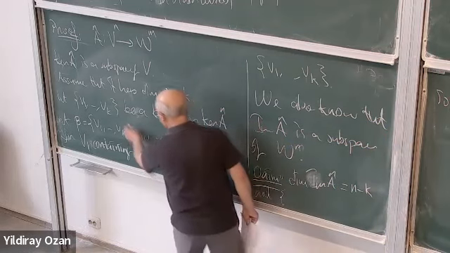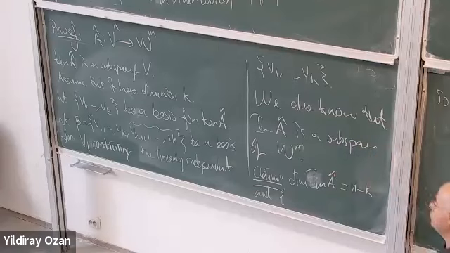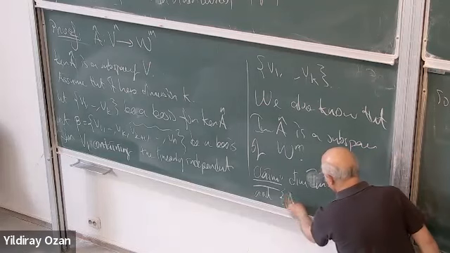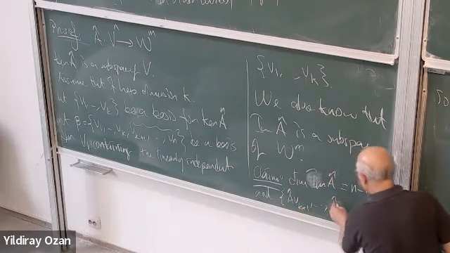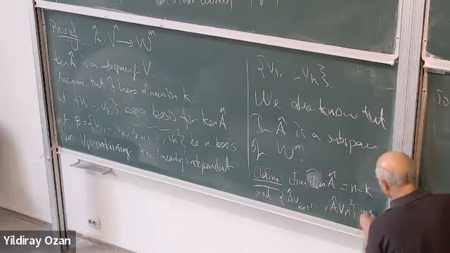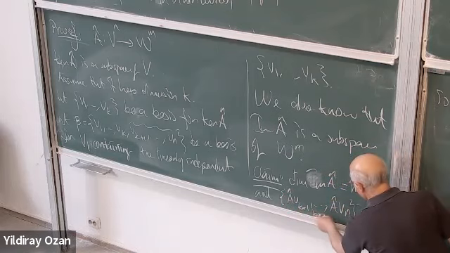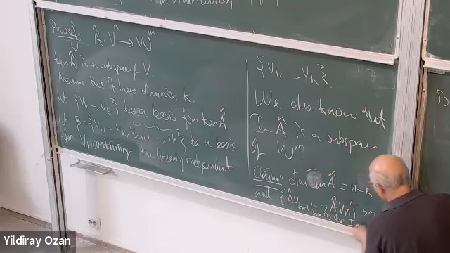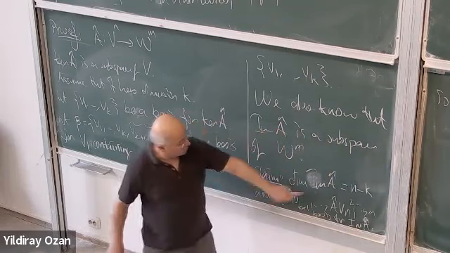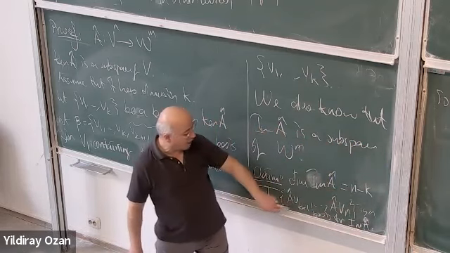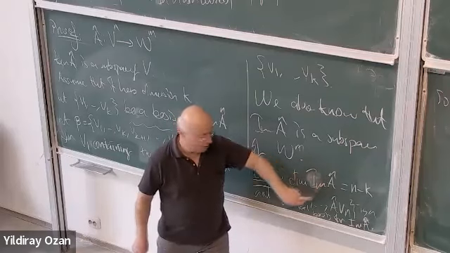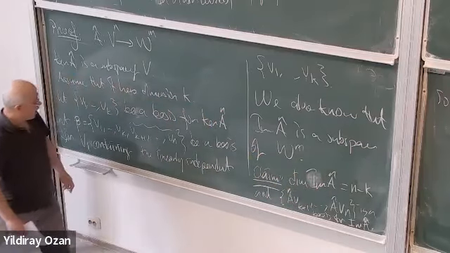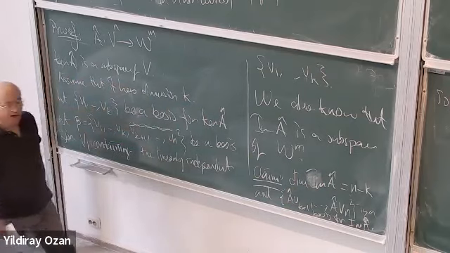And actually, these vectors you added extra to obtain a basis for V, their images, A hat V_{k+1} up to A hat V_n, form a basis for the image of A hat. So this has dimension n minus k, and I can tell you what the basis is. The basis for the image is just the images of these extra vectors.